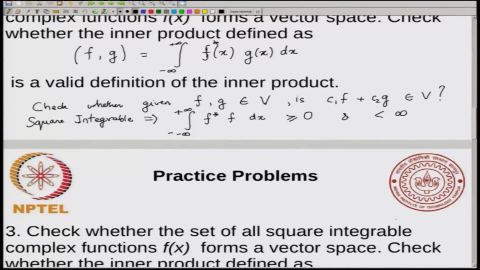So now let us check whether that forms a vector space. If you have two functions that are square integrable, is a linear combination of them also square integrable?